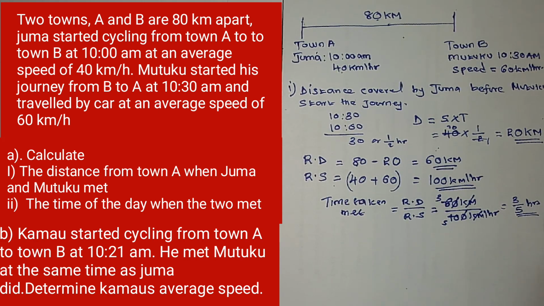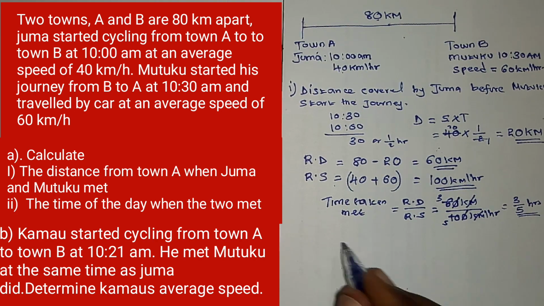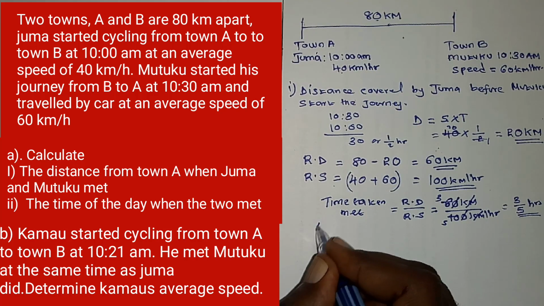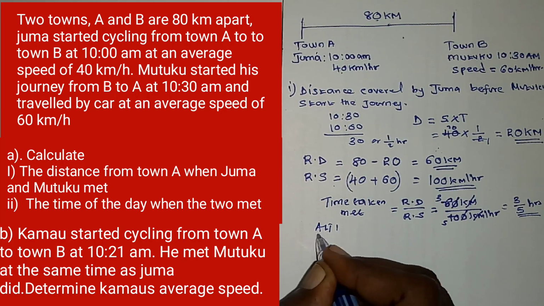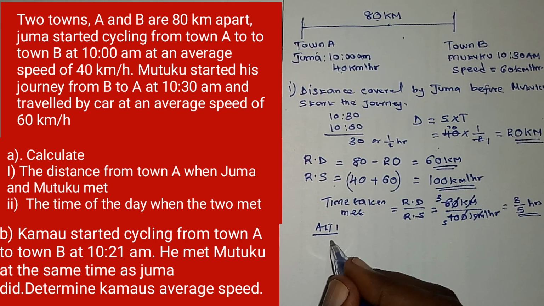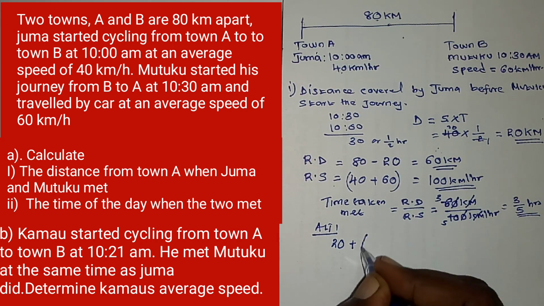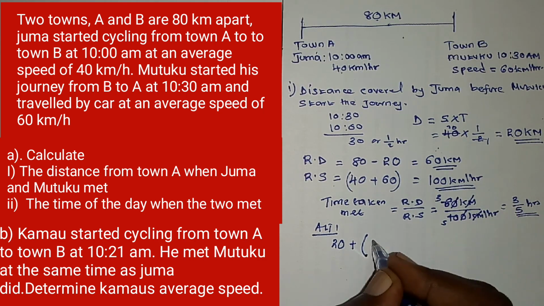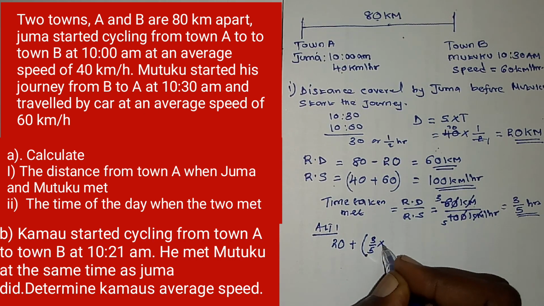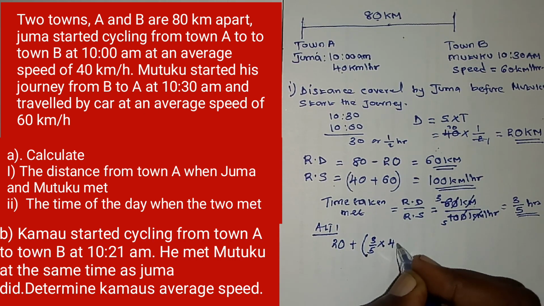Therefore, to get the distance from town A to the meeting point, alternative 1: the distance covered by Juma before Mutuko started the journey, which is 20, plus the time taken, which is 3/5, multiplied by the speed of Juma, which is 40.